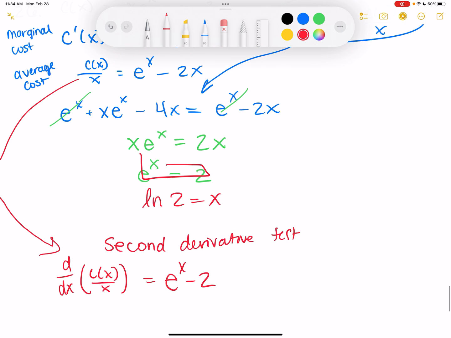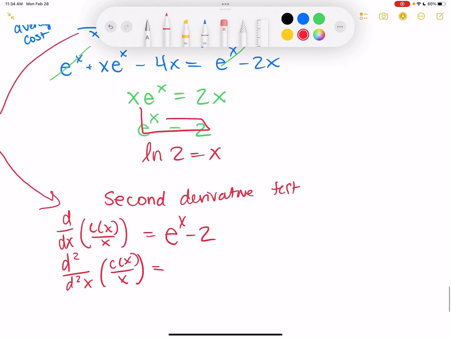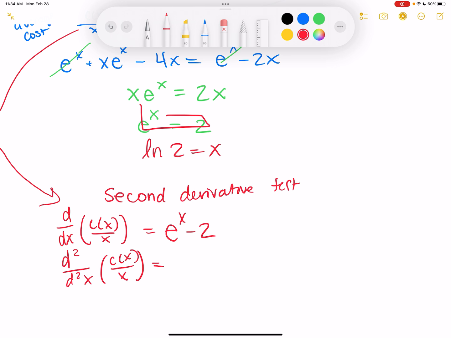And then the second derivative of that. So what would the derivative of this be? e to the x.